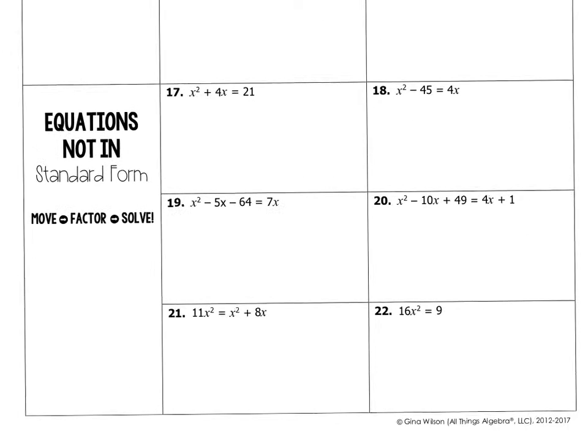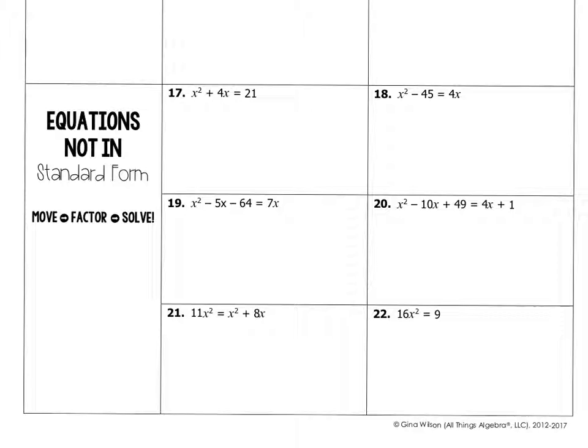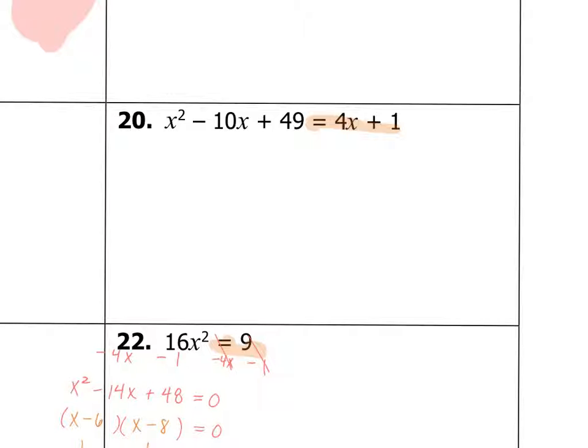Now all of these on the bottom, 17 through 22, none of these are equal to 0. So all of these have that extra first step of having to move terms so that you have it set equal to 0 first, then you can factor and solve. So let's take a look at number 20.